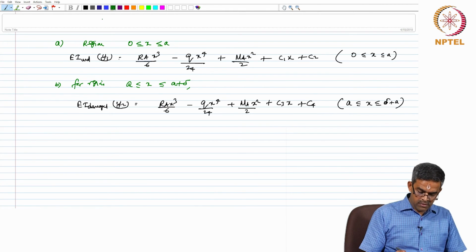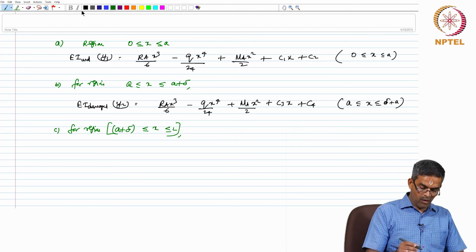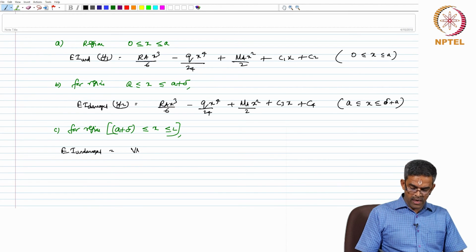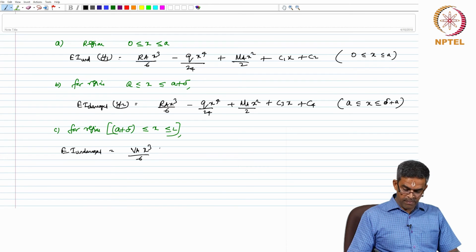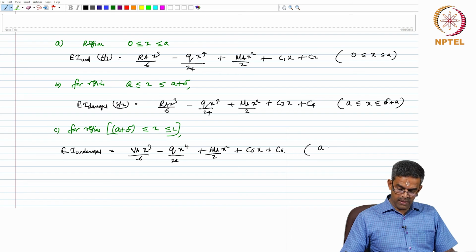For region a plus delta less than x less than L, again it is an undamaged region. So, EI undamaged y3 will be Ra x cube by 6 minus q x 4 by 24 plus Ma x squared by 2 plus C5 x plus C6. This is a plus delta less than x less than L.